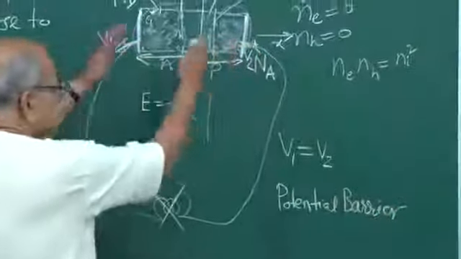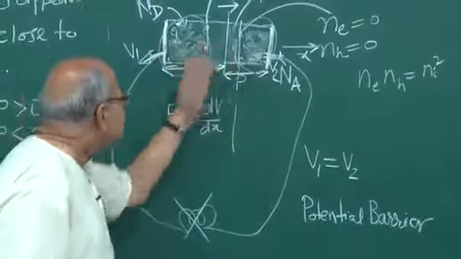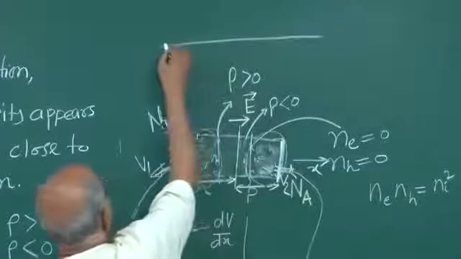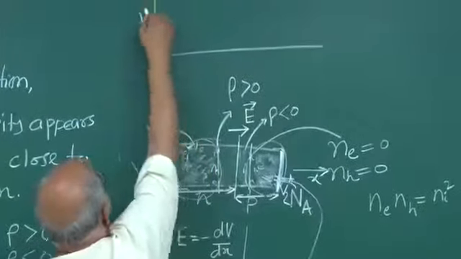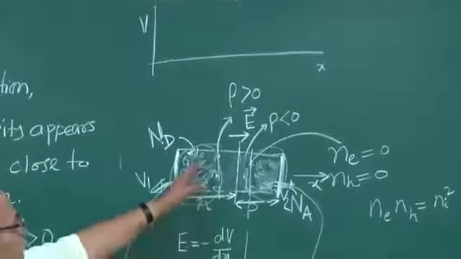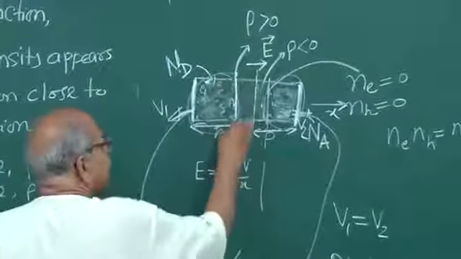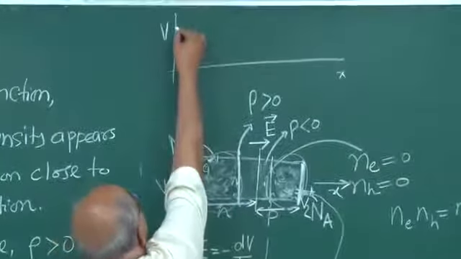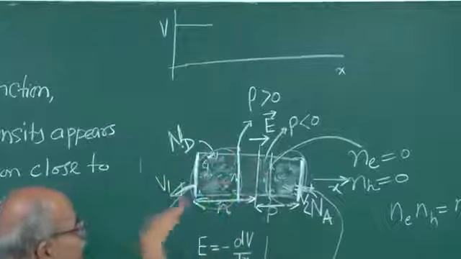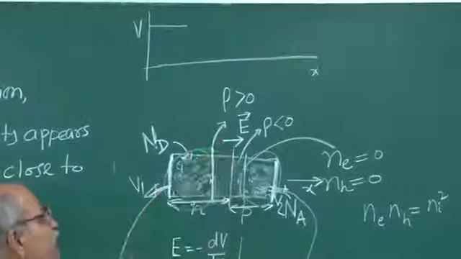If you remove the metallic contact, we are still in the semiconductor, and then if I plot the potential as a function of x, how will it look? This potential is higher and this potential is lower. Up to the depletion region the potential is constant, and after that the potential gradually decreases once you enter the depletion region because of this electric field.